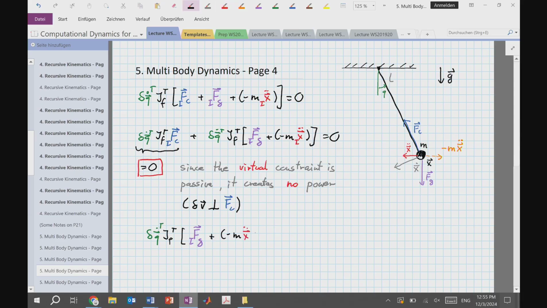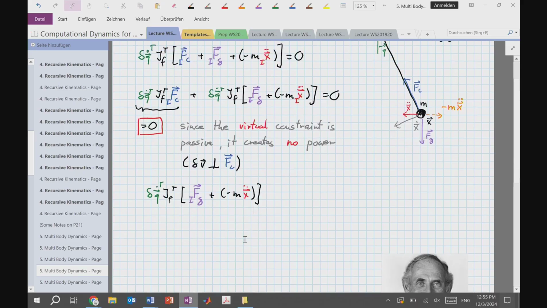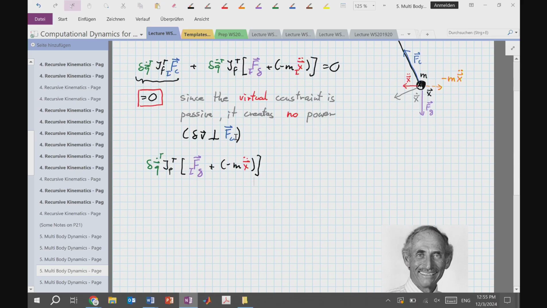And this is great because we just got rid of one unknown. We didn't know what these constraint forces Fc are, but they don't show up anymore. And I'm only left with my unknown accelerations.